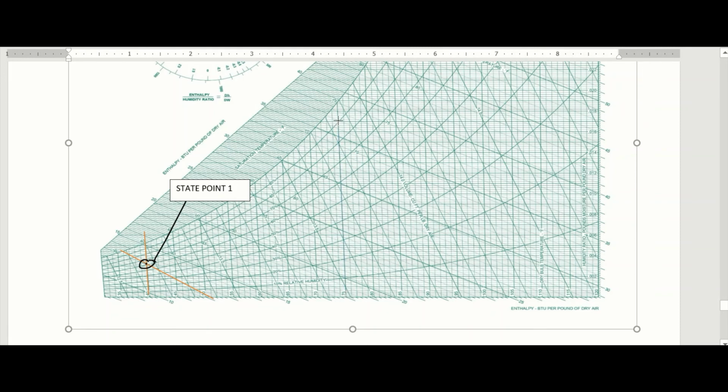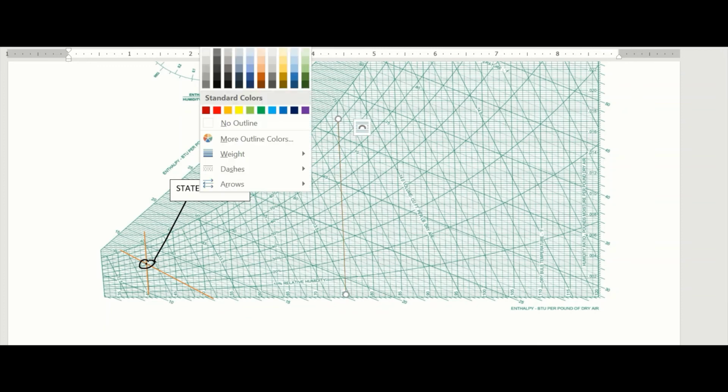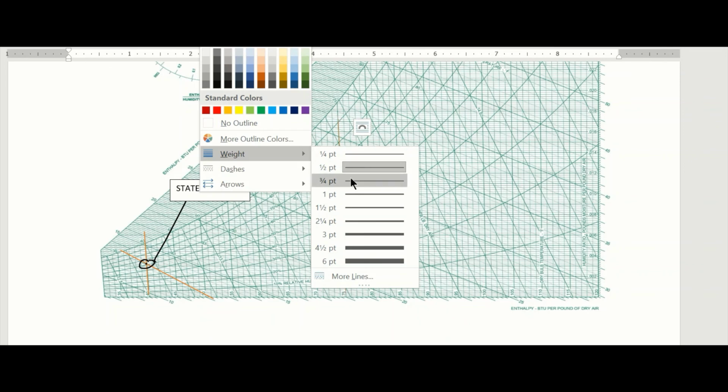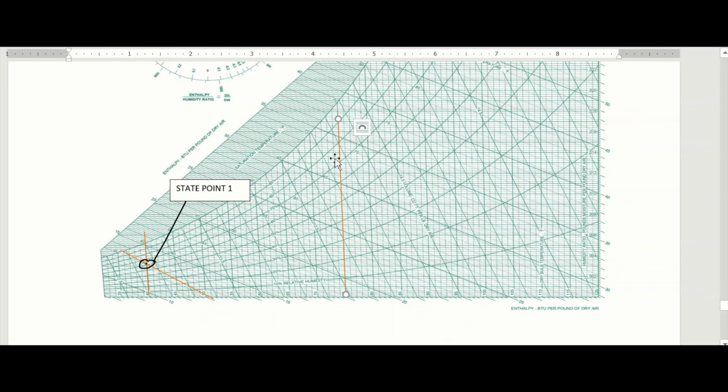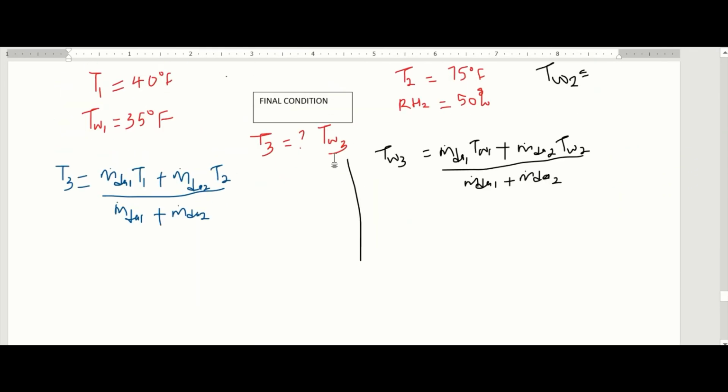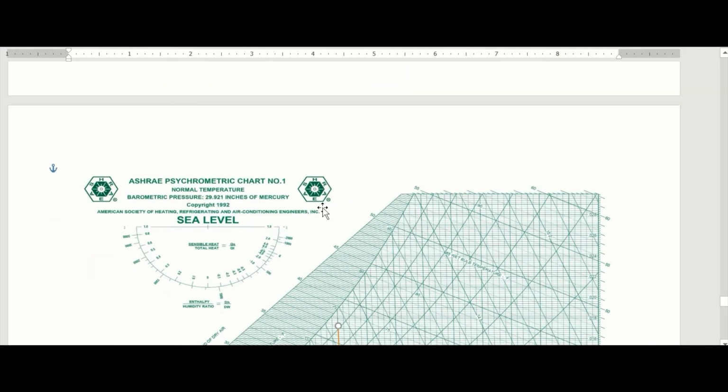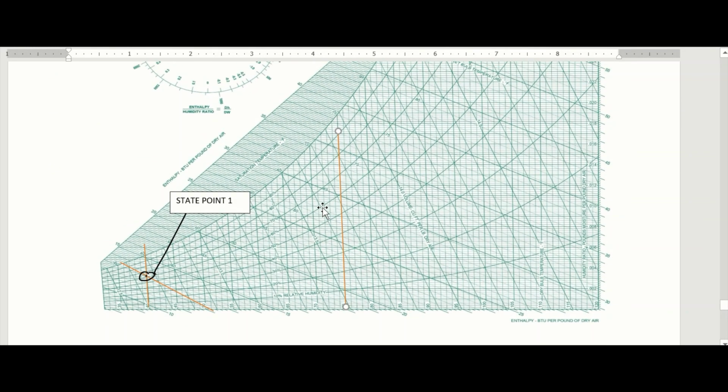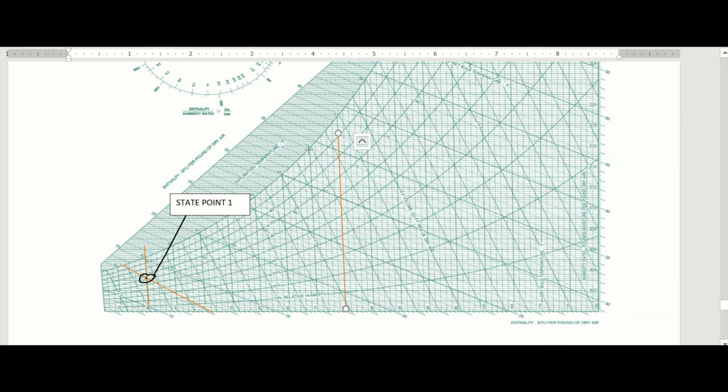This is the dry bulb line at 75. Make my lines visible. Then they give the relative humidity as 50%. Again, take a pencil and make your lines neat. This is 50% right here, so I can draw my curve.